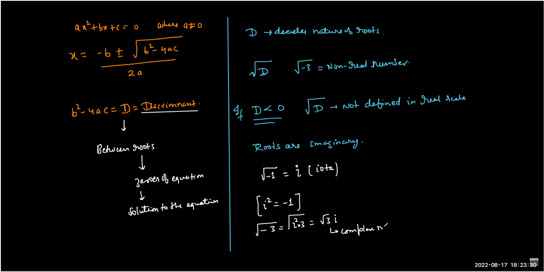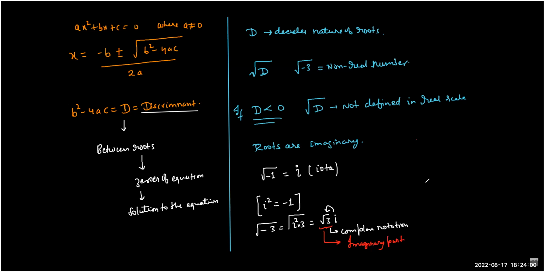And anything which we write as a coefficient of i is called the imaginary part. See, √3i is imaginary, but √3 is not imaginary. √3 is called the imaginary part.